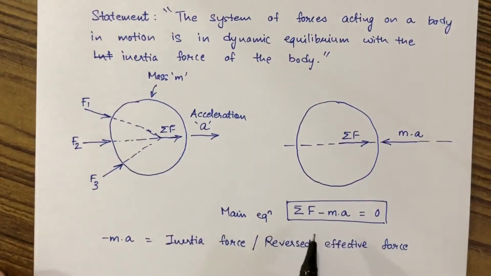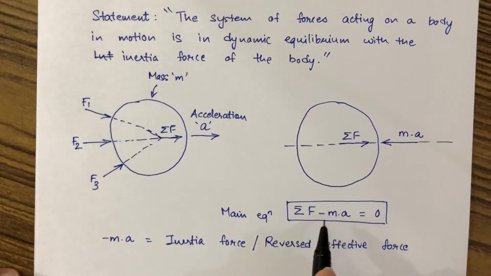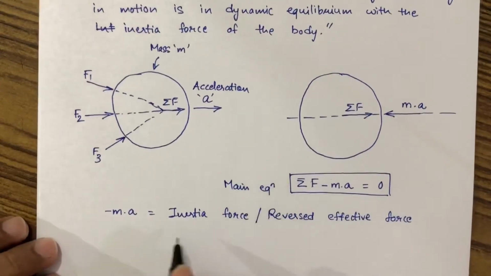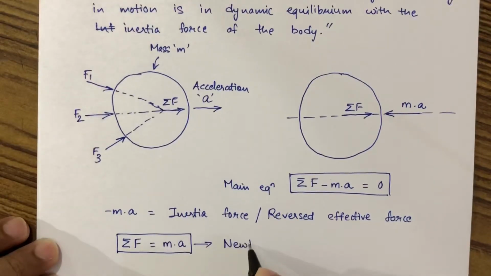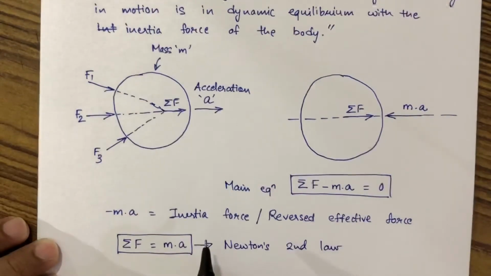Now from this equation, summation F minus ma is equal to 0, we can rearrange it like this: summation F is equal to mass into acceleration. Now this equation is nothing but Newton's second law of motion, as it states that the net external force acting on a body in a direction is proportional to the product of mass into acceleration in that same direction.